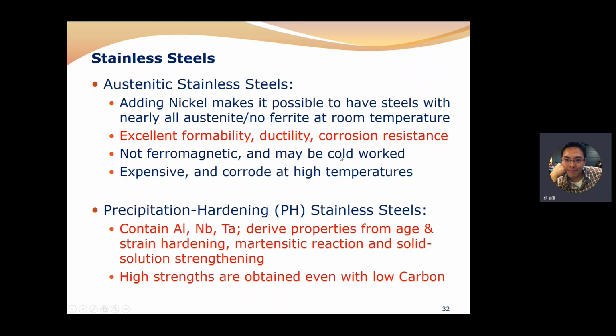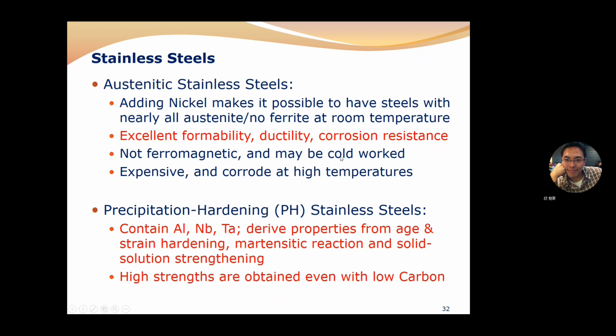Okay, therefore, what are the specific properties for austenitic stainless steels? Formability, right? Formability, ductility, and corrosion resistance. Well, if your application is for corrosion resistance, maybe austenitic stainless steel could be one of the choices.